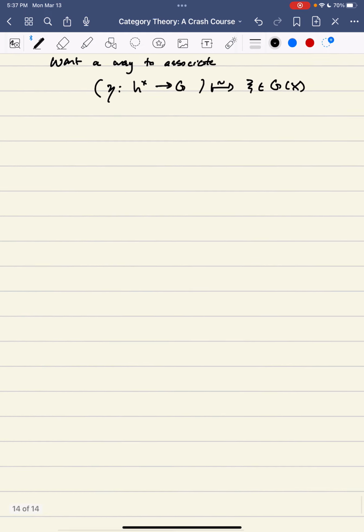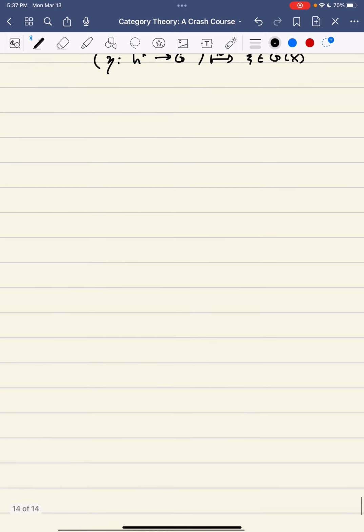So what are we going to do? Well, let's apply these things. What do I know about my axioms of a category? I know that for any object x, there's always some identity morphism from x to itself. That always exists.